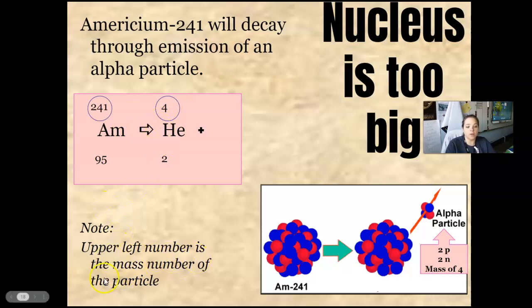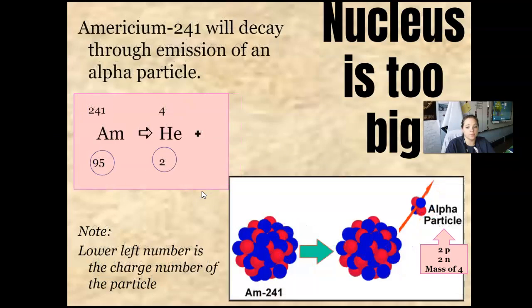The upper left number is the mass number of the particle right here, 241, and there's 4. So remember, whatever's on this side has to equal on this side. So looking at the alpha particle, we got 2 protons, 2 neutrons with a mass of 4. We're also going to put in the atomic number on the bottom. It's necessary. So we got 241 up top, 4 up top, 95 on the bottom, 2 on the bottom.